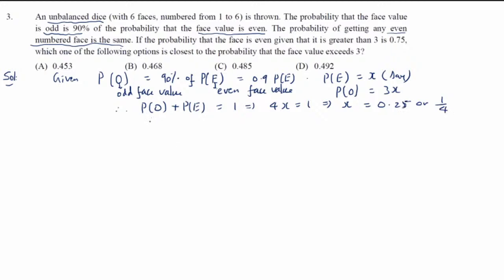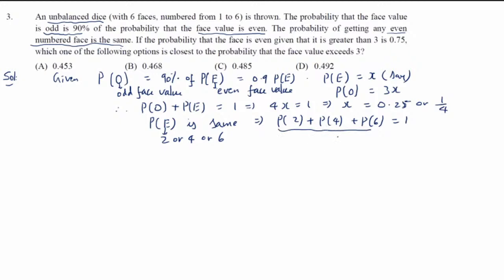Now, P of E, even face, is the same. The meaning? Even face means 2 or 4 or 6. Probability of 2 and 4 does not happen at a time. 4 and 6 do not happen at a time. So 2, 4, 6 are mutually exclusive events. So this implies P of 2 plus P of 4 plus P of 6 is equal to P of E. So this means 3x.